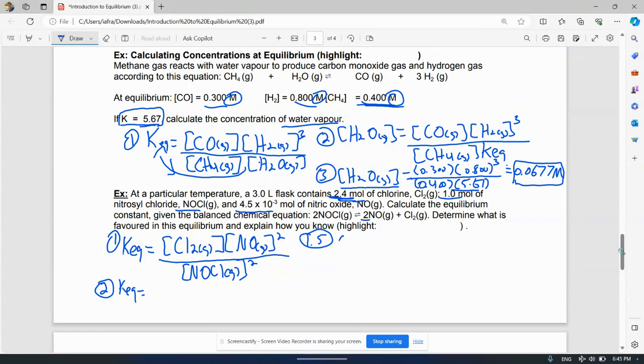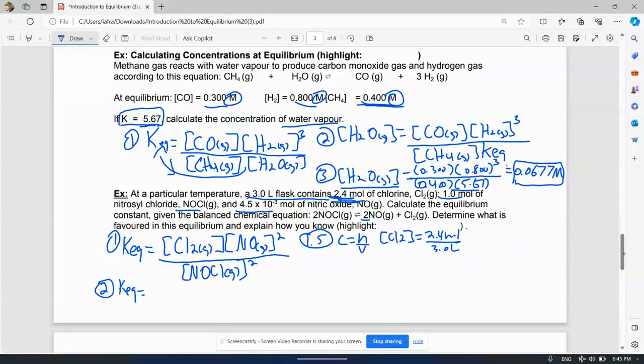So remember that C is equal to N over V. So if you want to find the concentration of chlorine, you have 2.4 moles divided by 3.0 liters, right? Because that's your 3-liter flask.